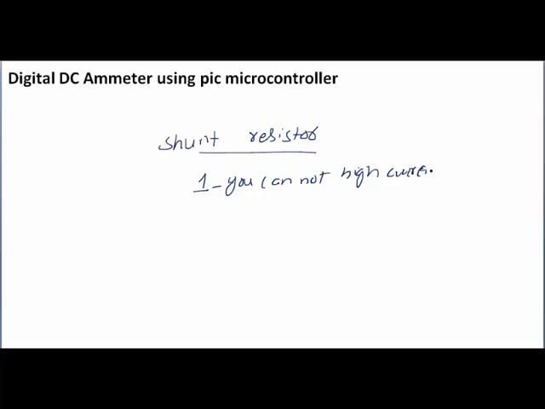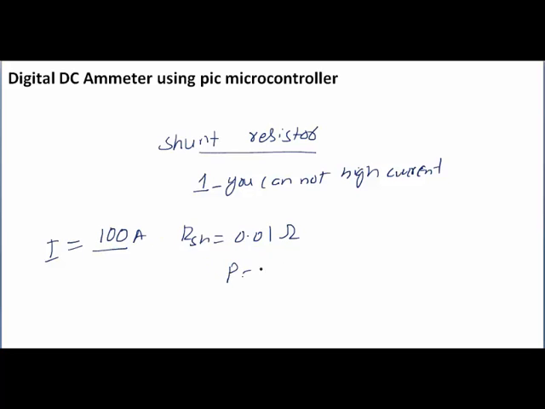Why can we not measure high current? For example, if we are measuring 100 ampere and using a shunt resistor of 0.01 ohm, the current value is I, for example 100 ampere, and the shunt value is 0.01.